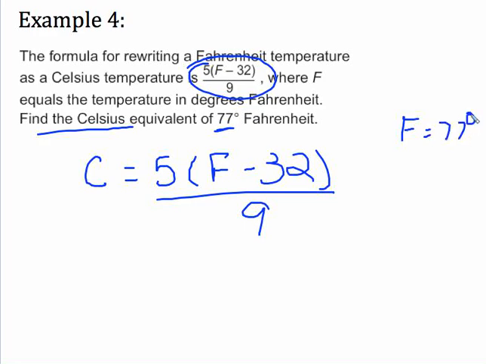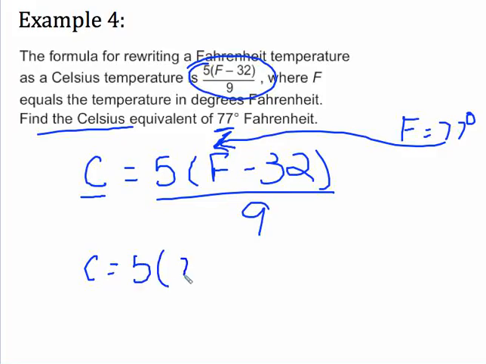I have a variable that's unknown, but I do have the expression that will tell me what it's equal to. So all I have to do is take this 77 and plug it in right there. Celsius is equal to 5 times the quantity of 77 minus 32, all divided by 9.